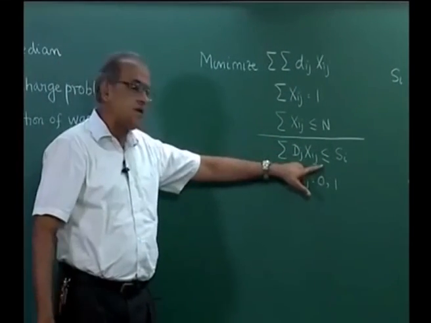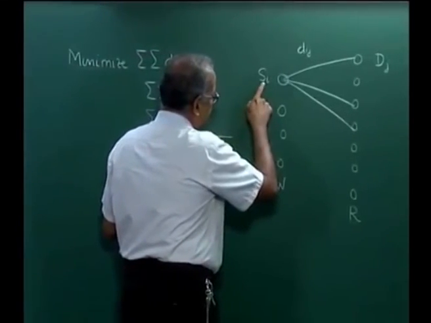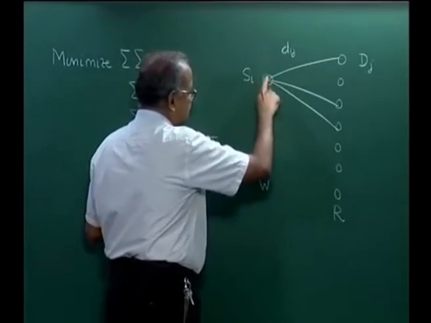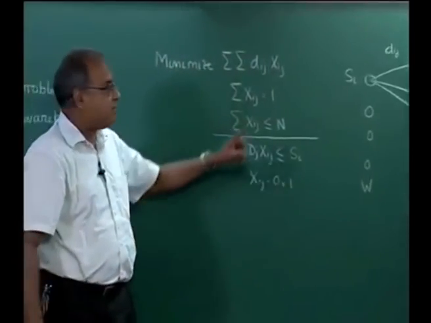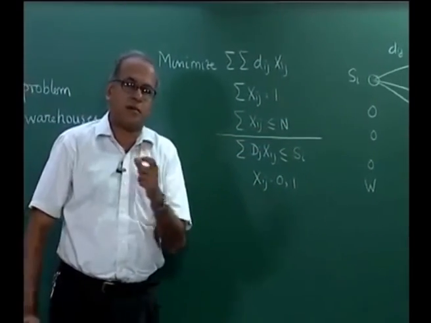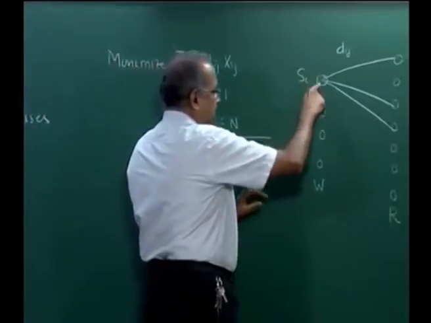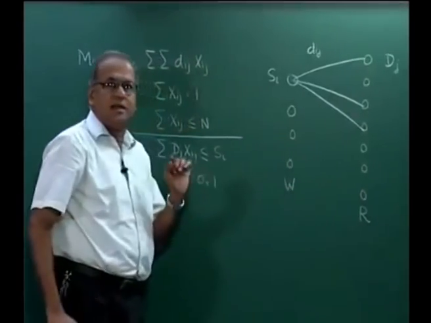Now, this constraint also becomes important when we bring a certain supply to each one of these, which means there is a capacity here, and then we need to do this. Now, this is not exactly a transportation problem. The difference comes because in a transportation problem there is a supply quantity and there is a demand quantity.